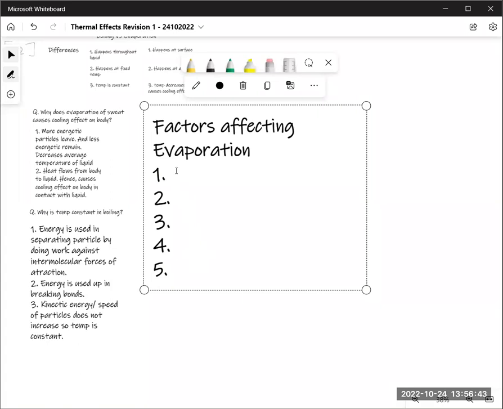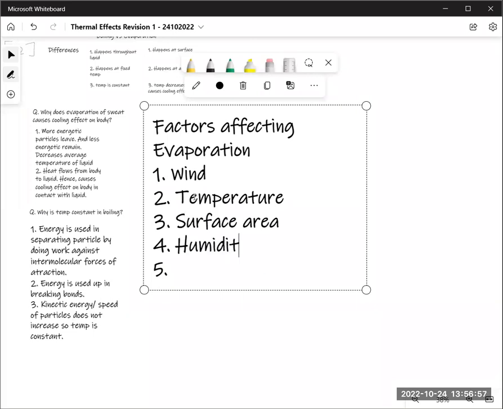First thing is wind. Next thing is temperature. Next thing is surface area. Next thing is humidity. Anything else? No.